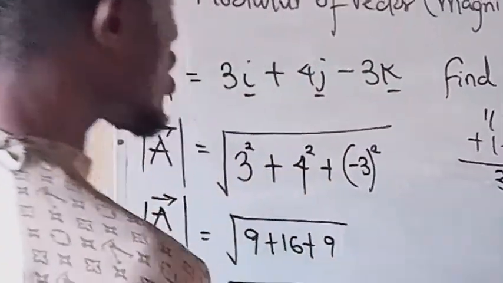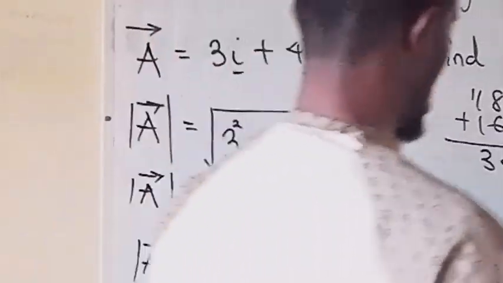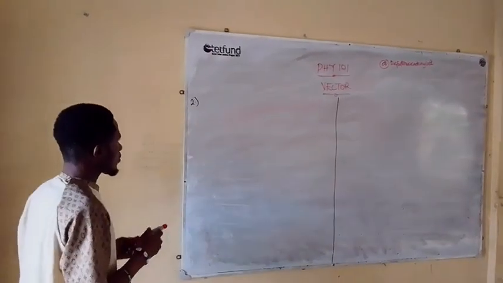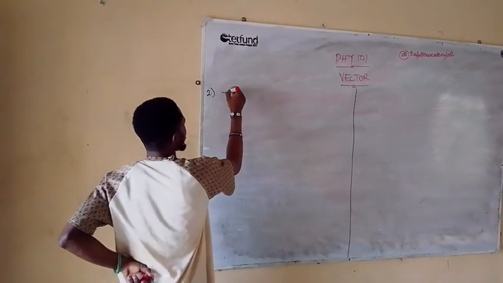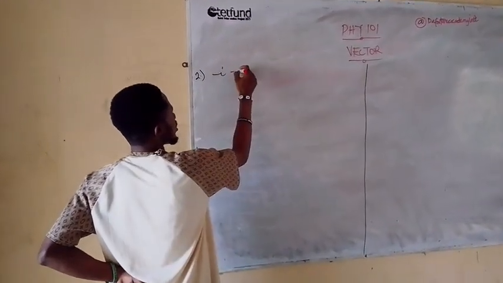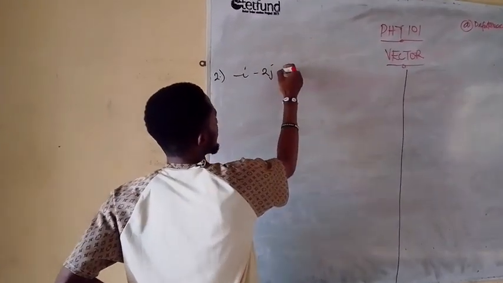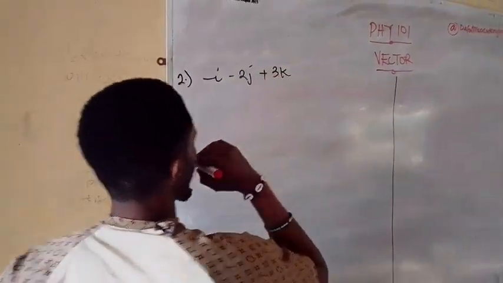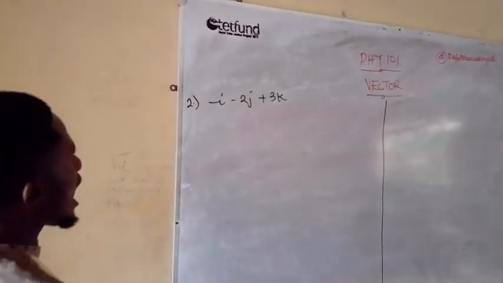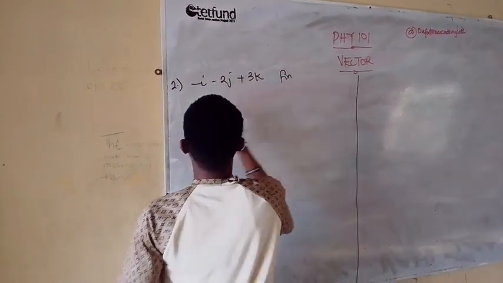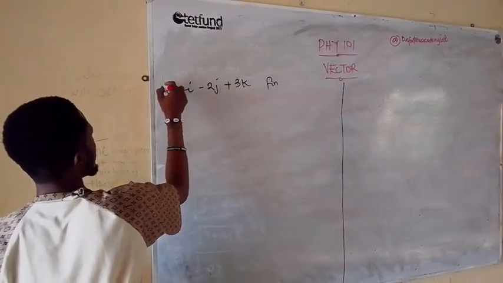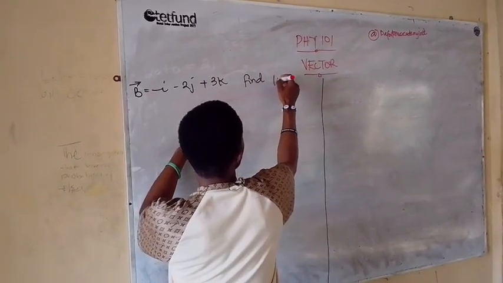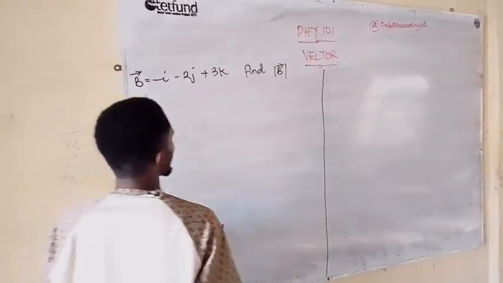Now, let's solve one more complex question under this, playing with signs. Number 2 is saying, if we have minus i minus 2j plus 3k. Now we are asked, let's say this is vector b, find the modulus of b.